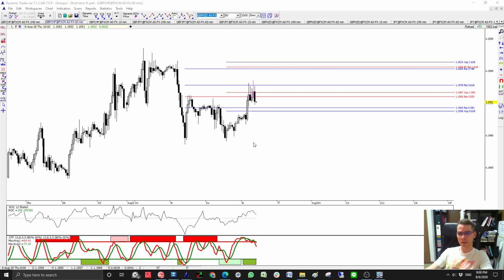So basically, among the pound counterpart currency pairs, pound Swiss franc looks like the one that moves before everybody else. So you want to trade that.